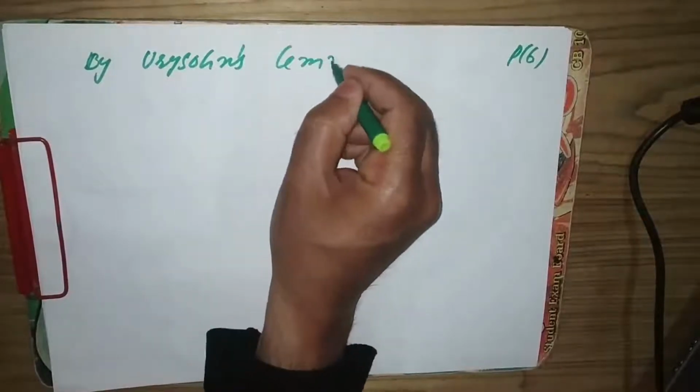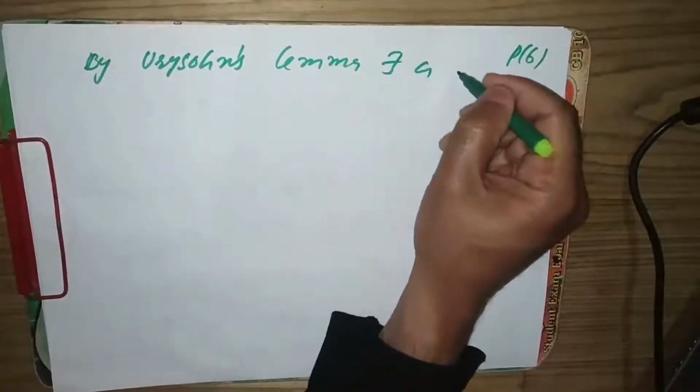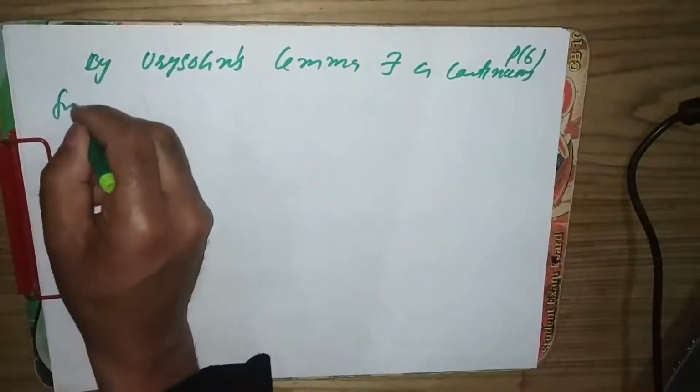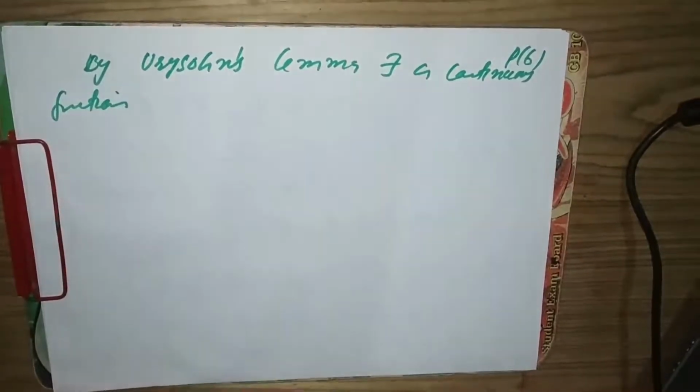By Urysohn's lemma, there exists a continuous function. Let's denote that continuous function by g0. Now we define g1.